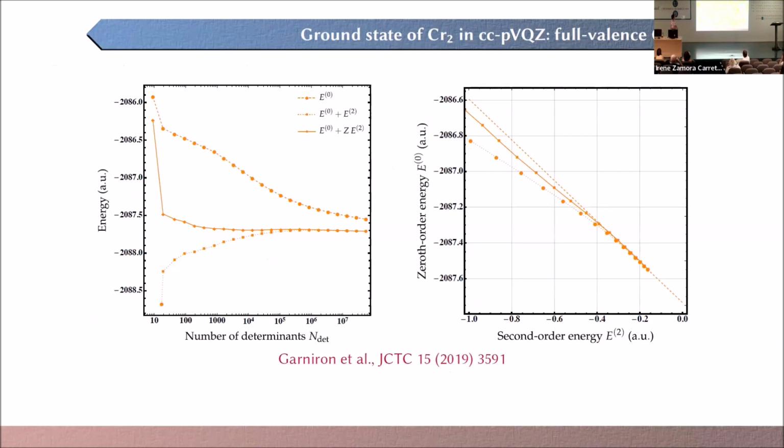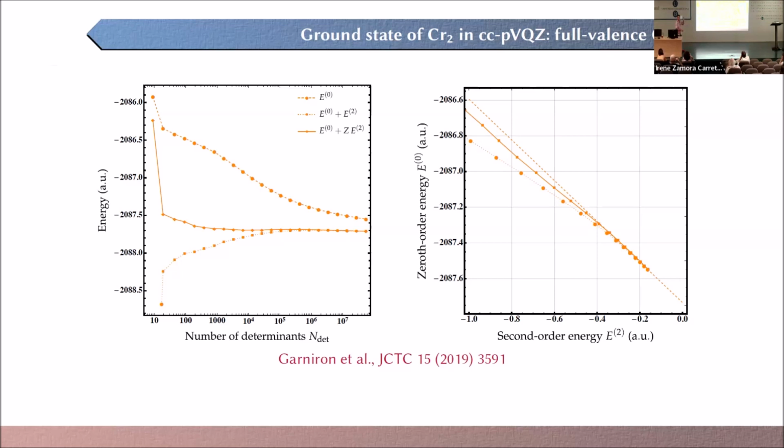Here it's just a renormalized version, don't worry about it. But what is interesting is that for large wave functions, you can plot the energy as a function of the second order energy, and you can linearly extrapolate the energy so that you get E2 equals 0. And that value here is guaranteed to be the full CI limit.